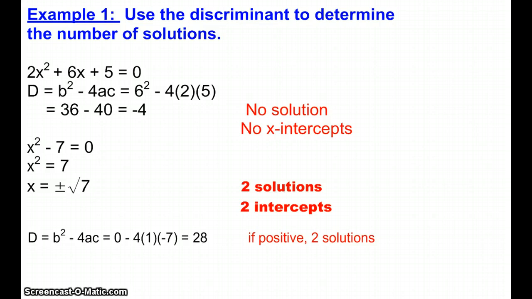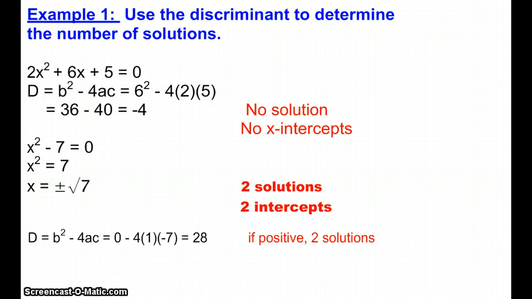So it equals 6 squared minus 4 times a, which is 2, times c, which is 5. That is 36 minus 40, or negative 4. Because the discriminant is negative, that means there is no solution. That means there are no x-intercepts of the parabola. It does not mean it is not a parabola. It means it does not cross the x-axis.